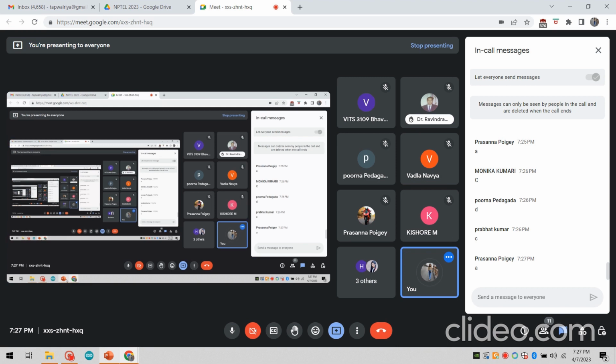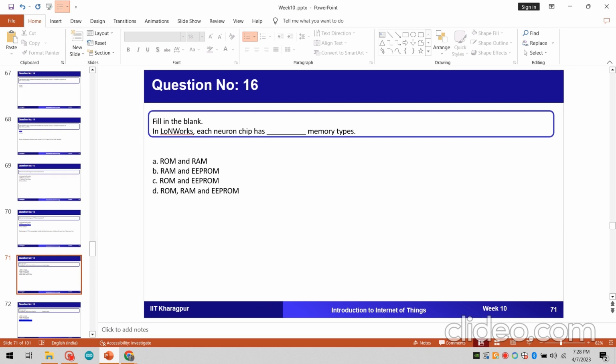Anyone else? In LonWorks, each neuron chip has blank memory types.